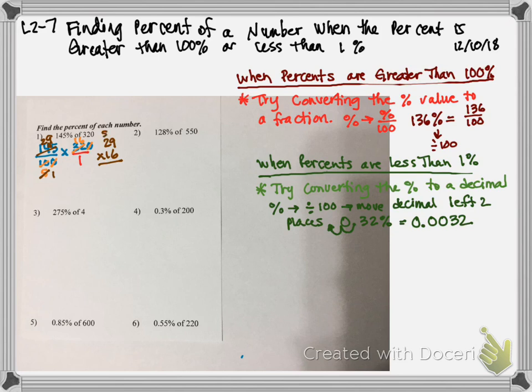So I go ahead and multiply, and I get 54. And let's see, I get 12, and 5 is 17. Put in a placeholder, and then 1 times 9 is 9, and 1 times 2 is 2. And I add those up, and I get 464. So that is 145% of 320.